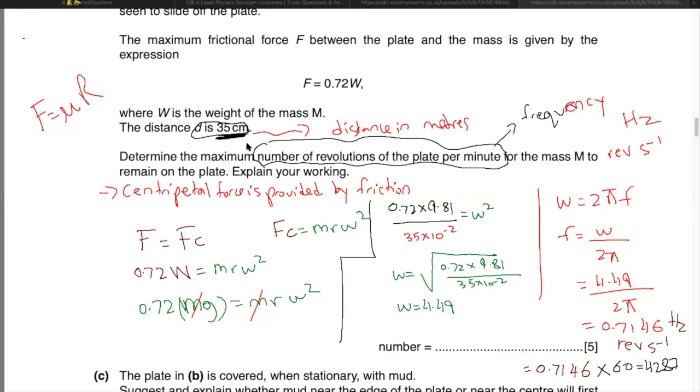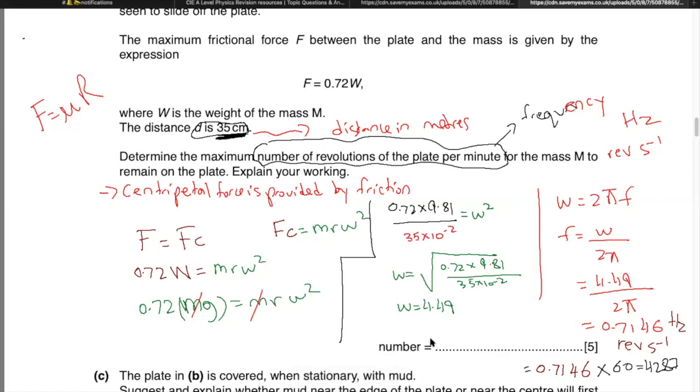So if you go +1, that's all right. But we need a number, right? We need number of revolutions. So tell me one thing. If they're asking us for a number of revolutions, it's going to be a whole number, right? So I'm going to round it off to 43 because it has to be a whole number.